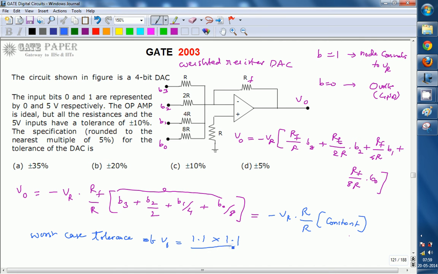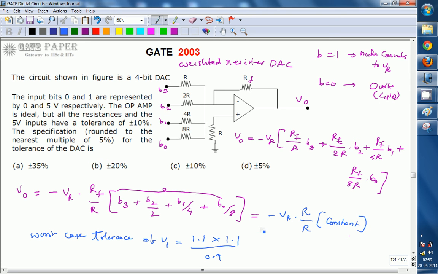If you take plus 10% for the denominator R, you will get less tolerance. So if you take minus 10% for the denominator, you will get the maximum tolerance. So you must consider the denominator with negative tolerance and the numerator with positive tolerance.